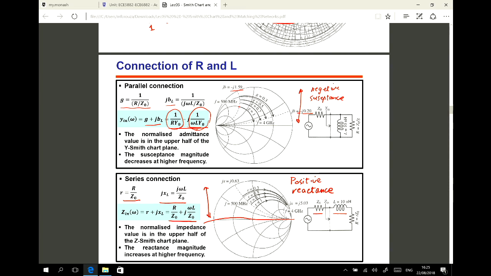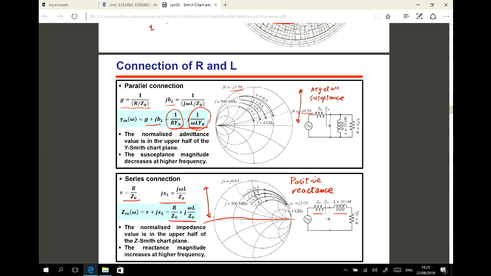The relation is this: Z is 1 over Y. If we have Z equals R plus jX, then this equals 1 over G plus jB.